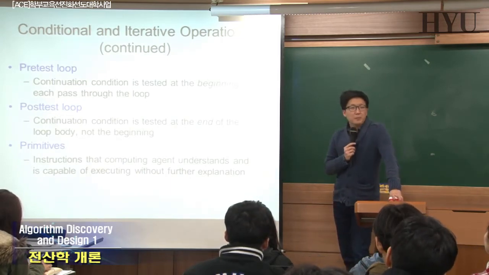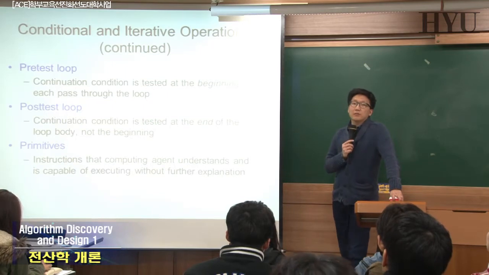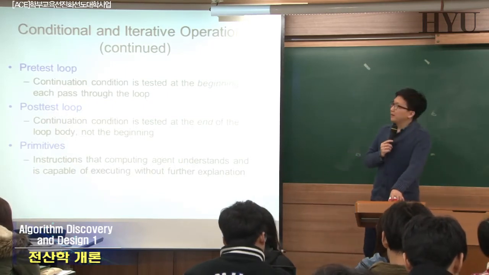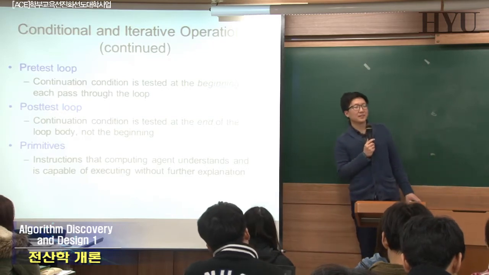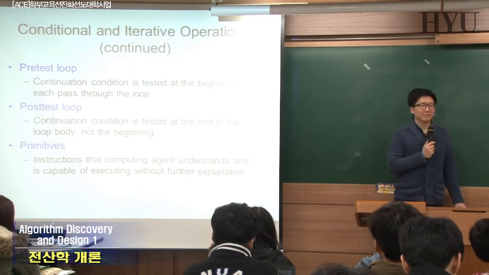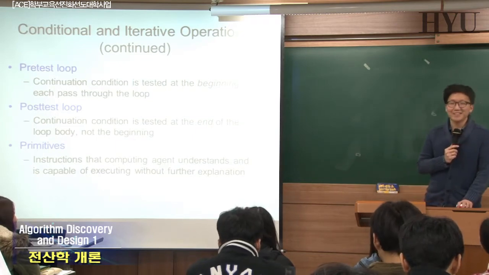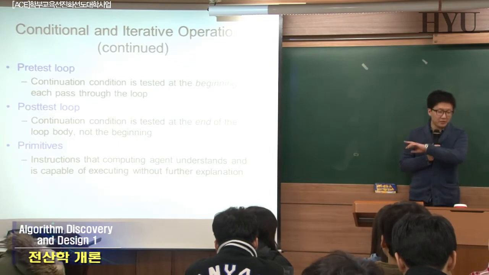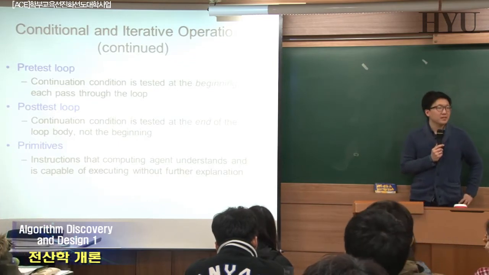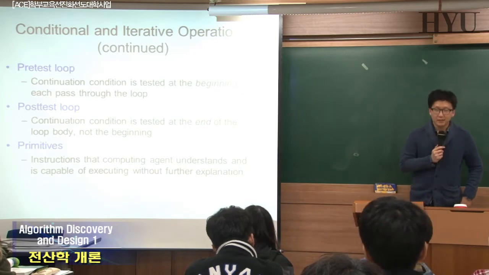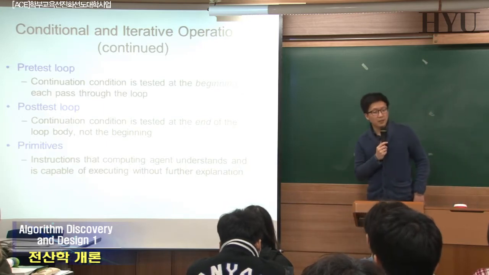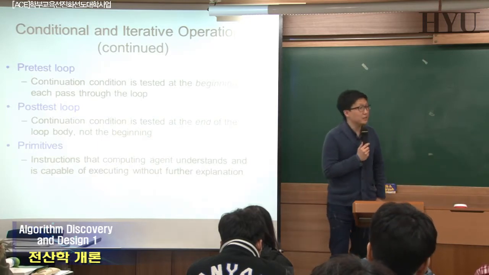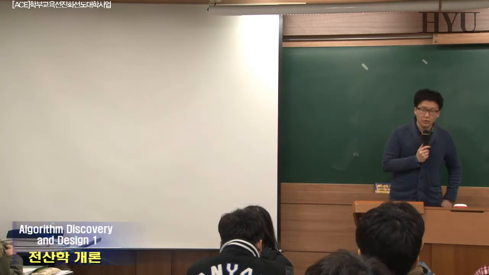In your textbook, they suggest certain formats for writing pseudocode: get, set, while, and primitive instructions and so on. Then we started discussing loops, pre-test and post-test. If you check your conditions at the beginning of the loop, that's pre-test. If you check the conditions at the bottom, then it's post-test. Things that we know already.